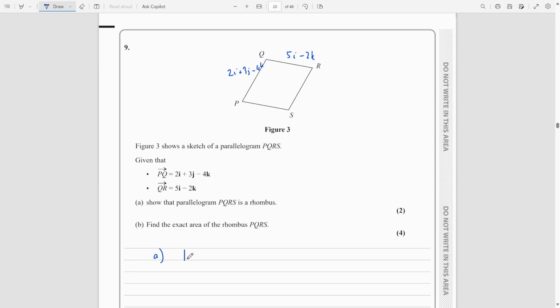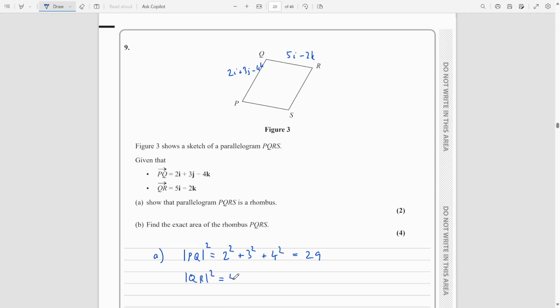So what is the modulus of PQ? Modulus of PQ, let's just square it to keep it simple. The modulus of PQ squared is 2 squared plus 3 squared plus negative 4 squared, which is the same as 4 squared. So that is 4 plus 9 plus 16, that's 29. And what is the modulus of QR squared?